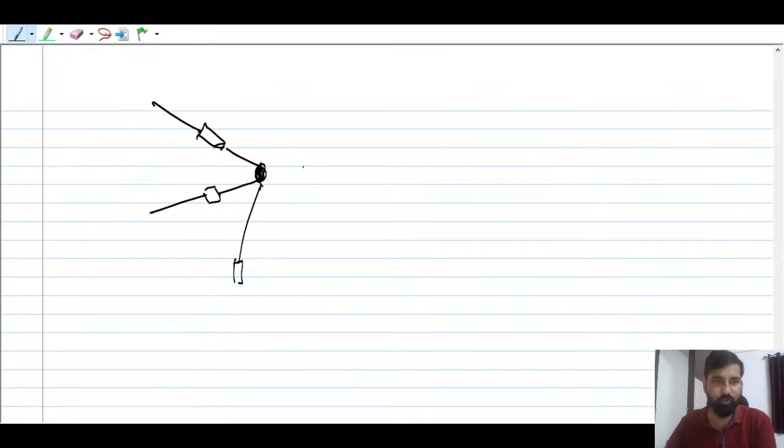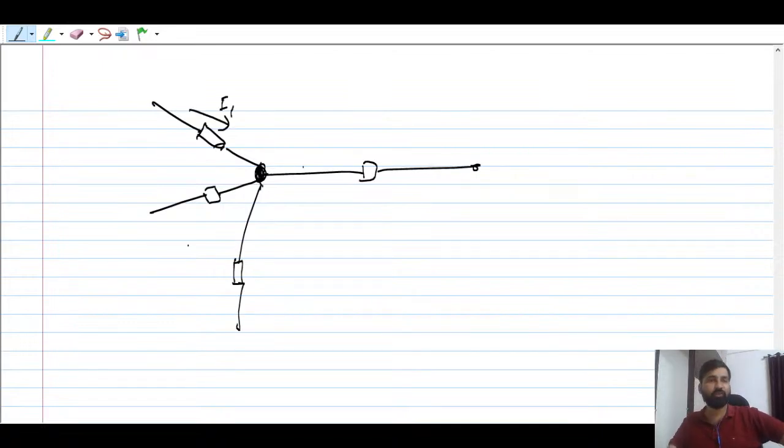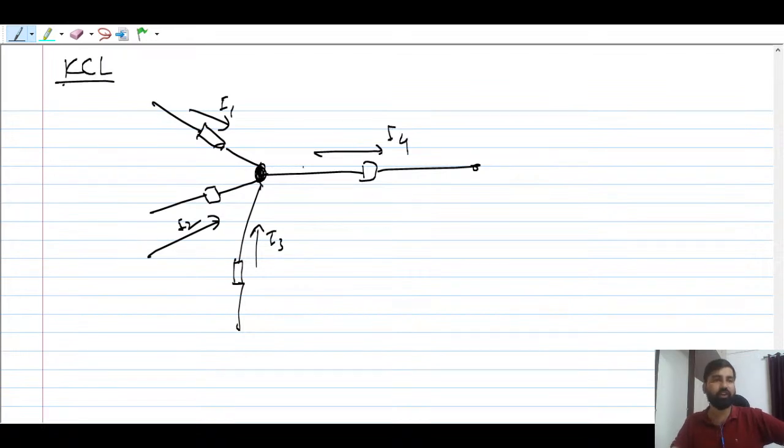Suppose there is one more element connected and one more element is here. Suppose the current I1 is flowing, I2 is flowing, I3 is flowing, and one more current I4 is flowing. So we can talk about one of the very important laws, that is nothing but KCL.